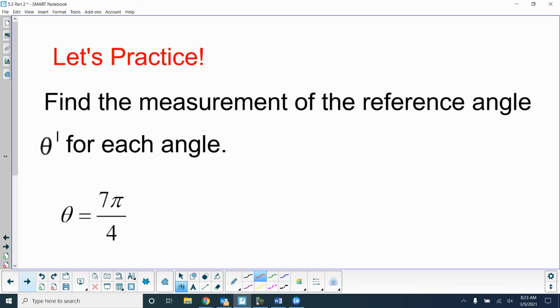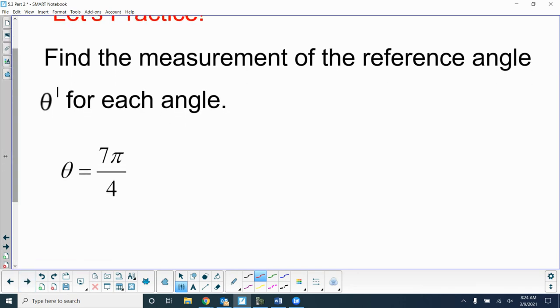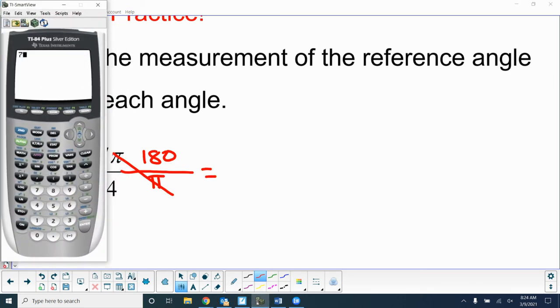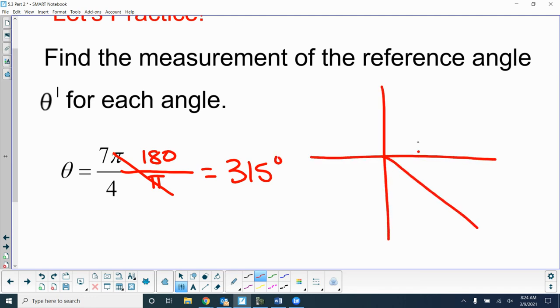What if it's 7 pi over 4? What I usually do is this. I change it to degrees. 7 times 180 divided by 4. So that's 315. That way I know where it goes. So 315 to there, what's the reference angle? 45.